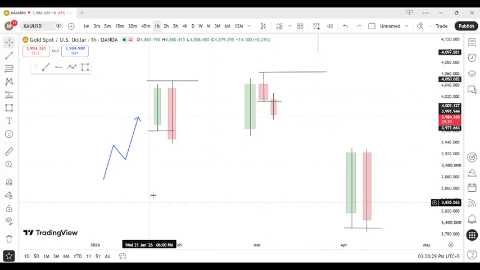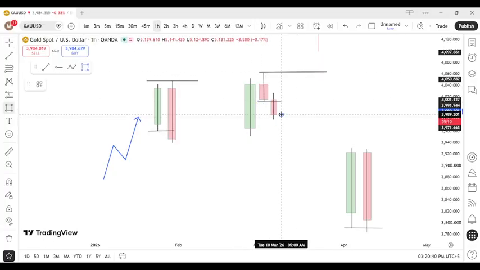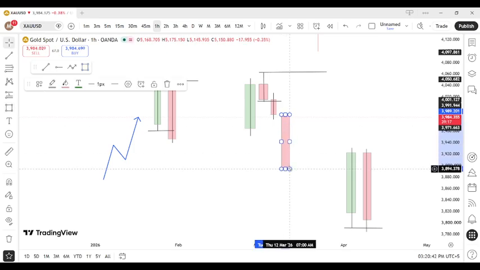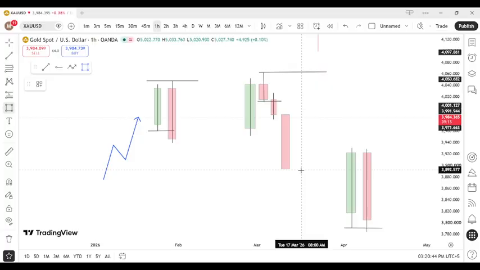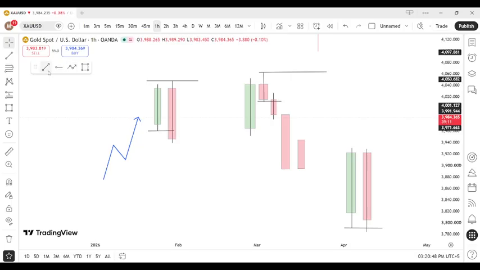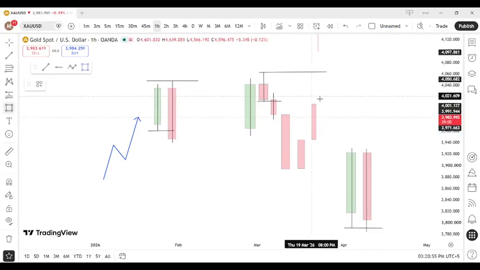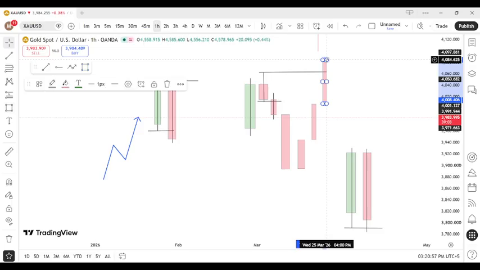if the market is going upward, we have a green candle and then two red candles. The second red candle breaks the low of the first red candle, and then this is another red candle, and then we have this green candle, and then another green candle, and then we have another green candle.